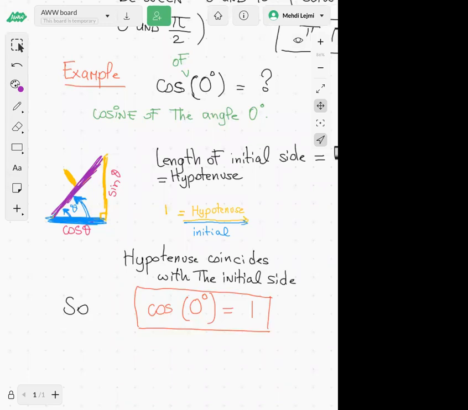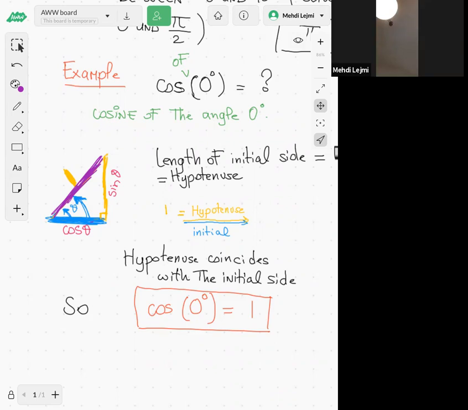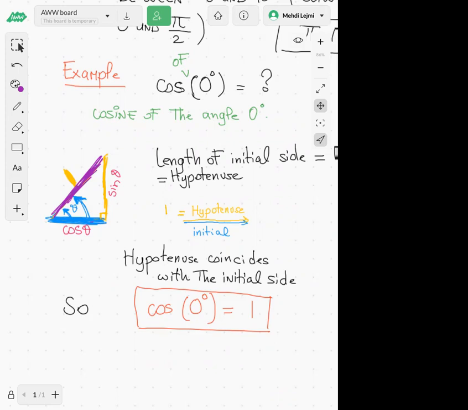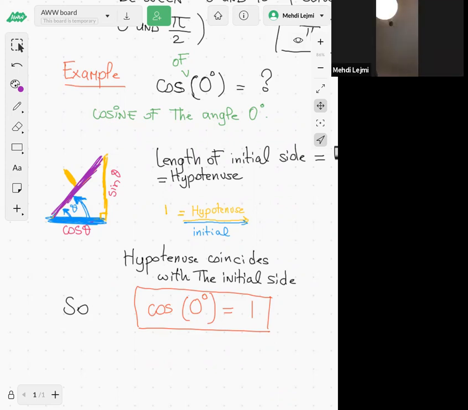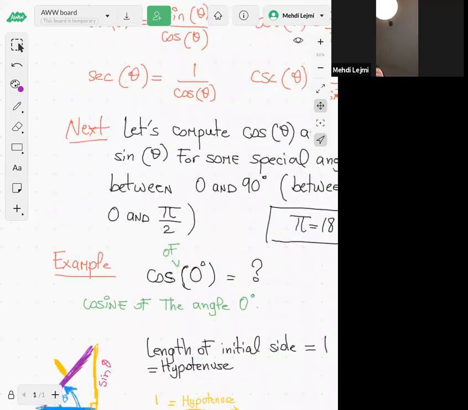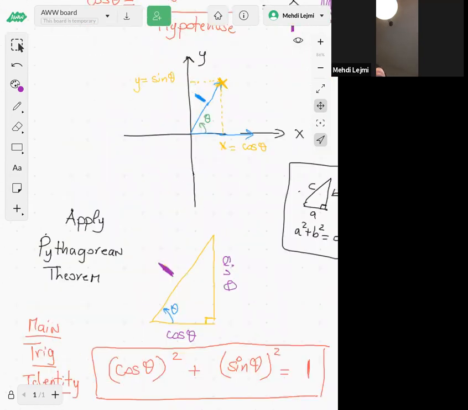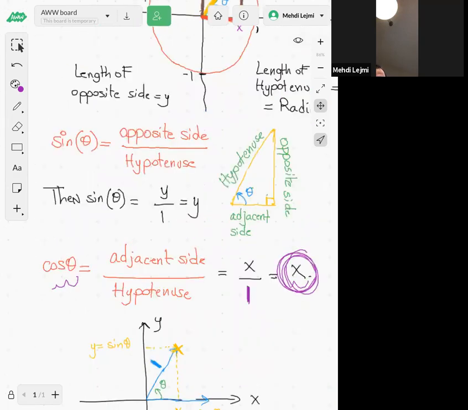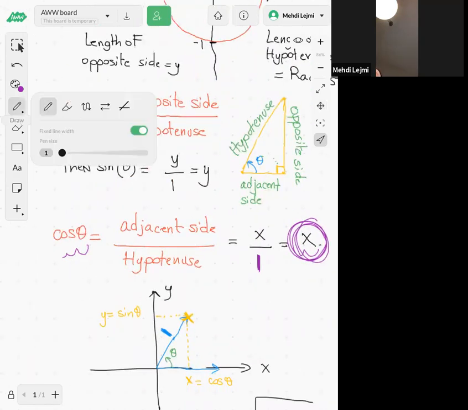But shouldn't the one be on the bottom? Oh yeah, of course, the one is on the bottom here, the hypotenuse.